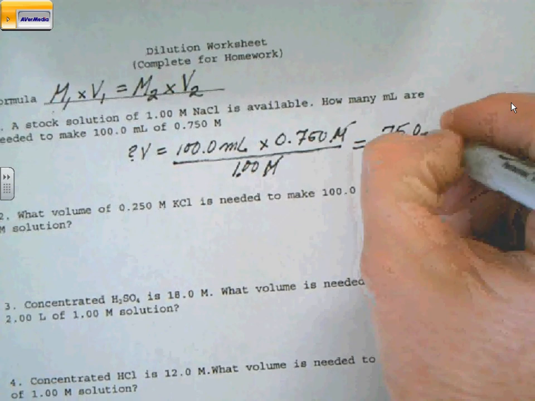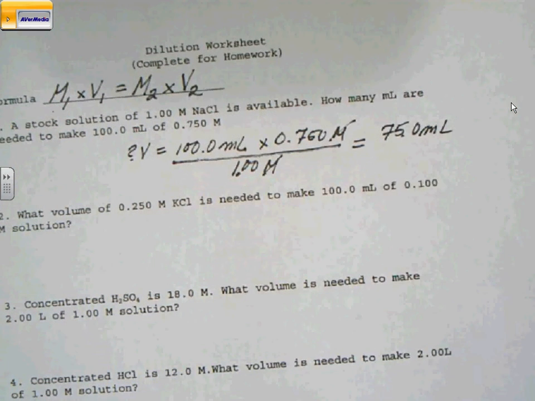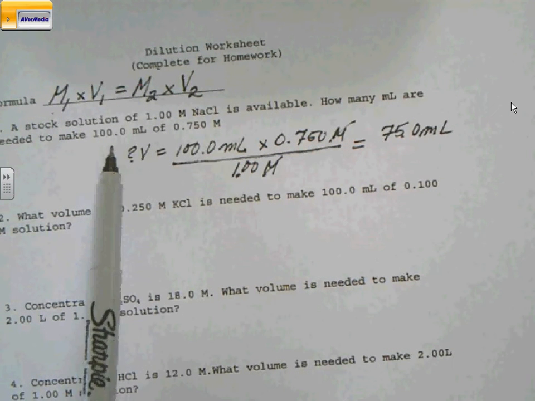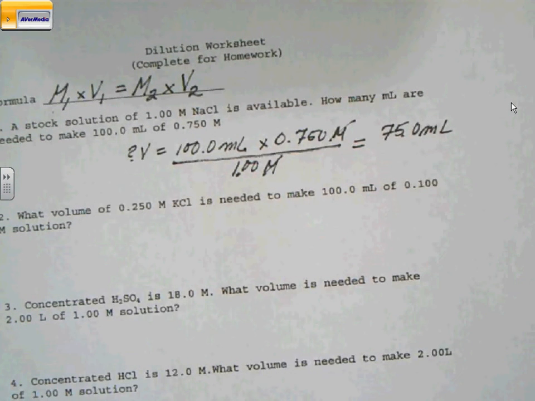What does that mean? What have we just figured out? What does that 75 milliliters tell me? I'm going to have 100 milliliters at the end. No, the total amount of the solution is going to be 100 milliliters.